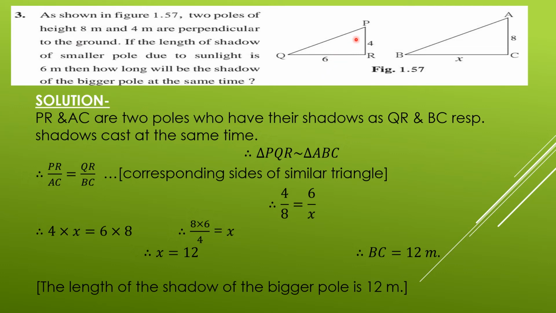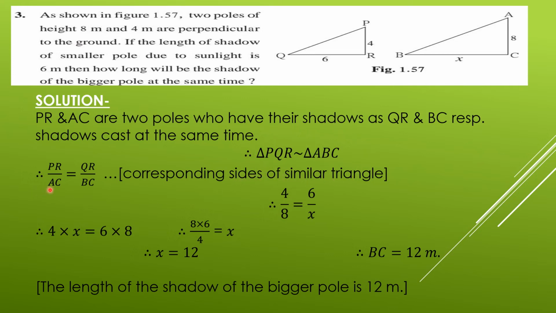And therefore, since AC upon PR is equal to BC upon QR, the two triangles are similar triangles by side angle side test. This angle is 90 degree. And perpendicular angle, and therefore by SAS test we can write the two triangles are similar.